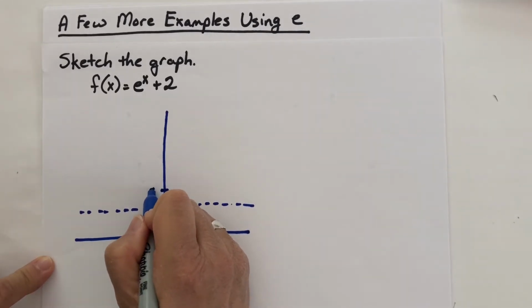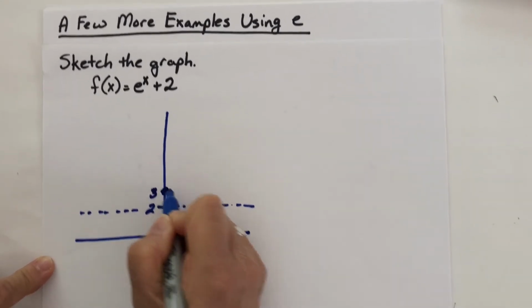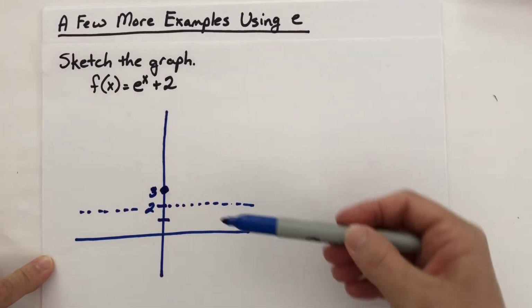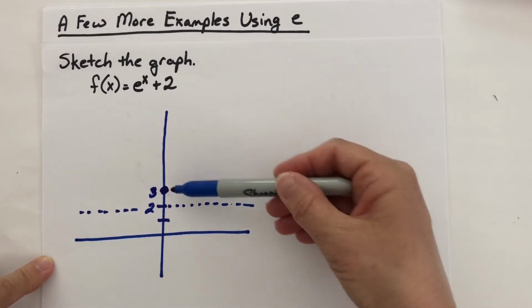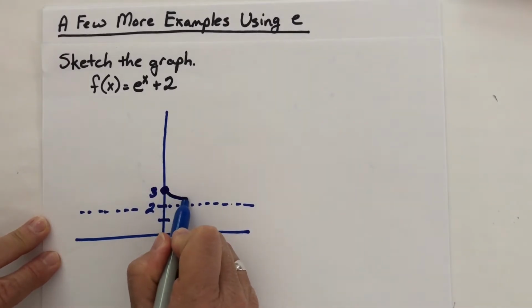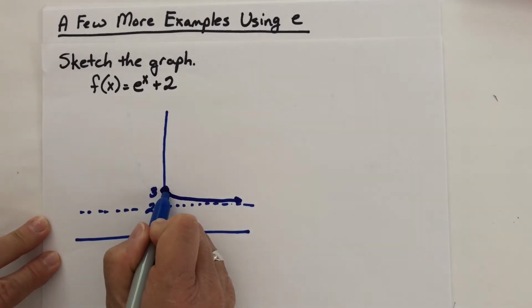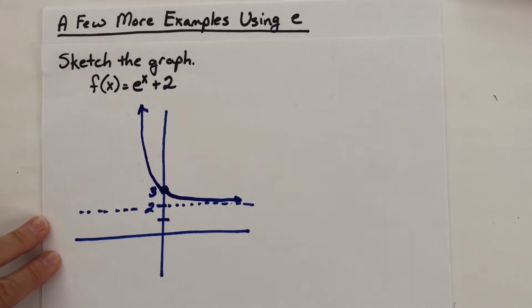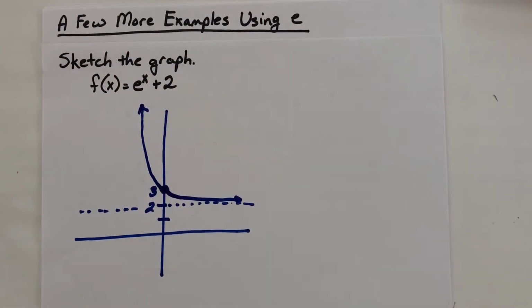And let me label that. So those are key points with respect to this graph. The fact that there's an asymptote at 2 and the y-intercept is 3, and then I can draw my curve. And again, plot points if it needed to be a little bit more refined.